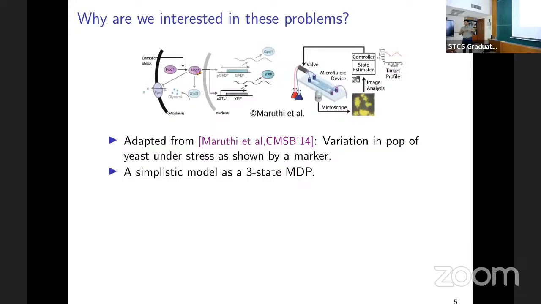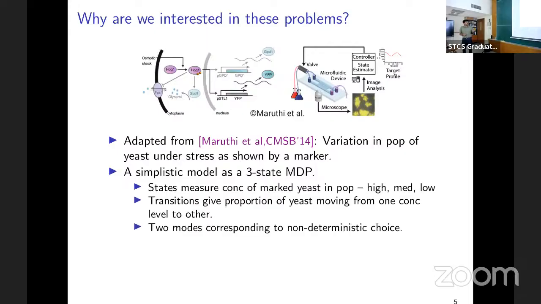You can model this as an MDP, with some non-determinism, like a switching mode, and then there is some probability, which is just transformation of some distribution. So essentially, you want to say things like from this state, which is the state of some population of cells being in a high concentration, some percentage of this population moves from high to low. And these are my transitions. And you can have modes corresponding to non-determinism.